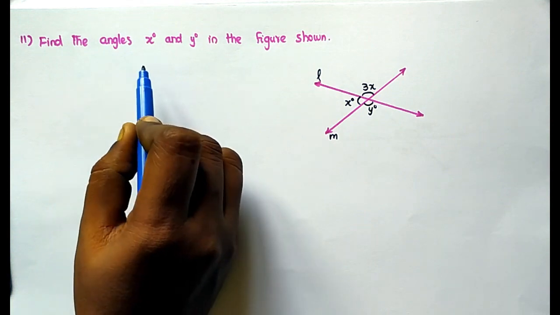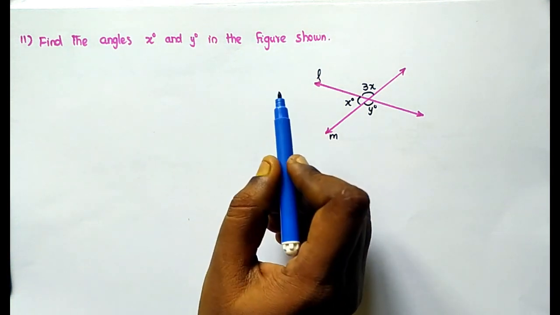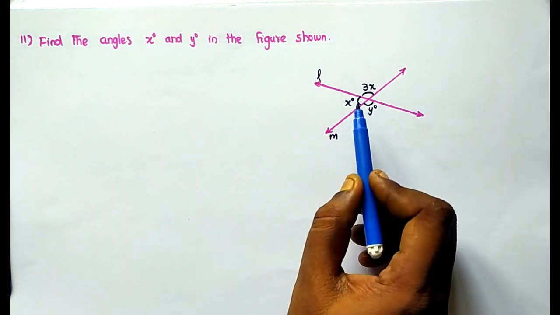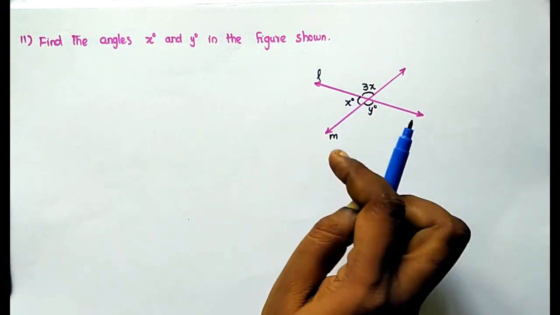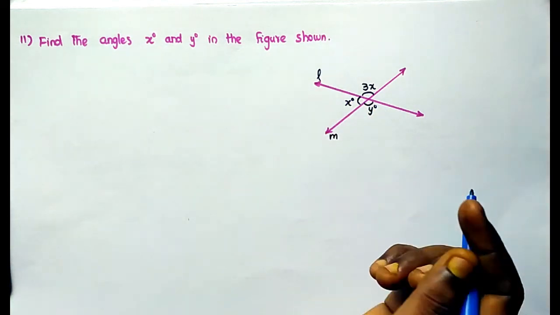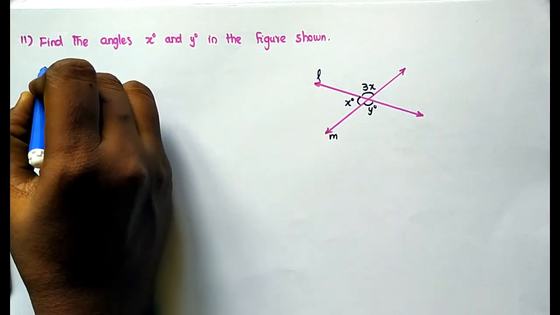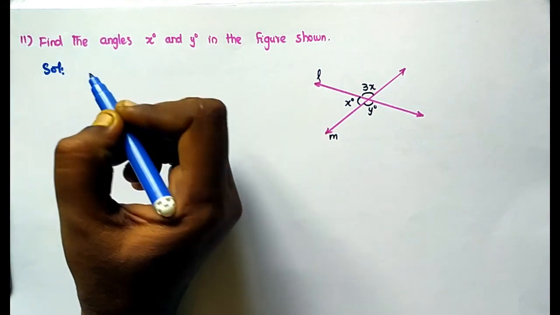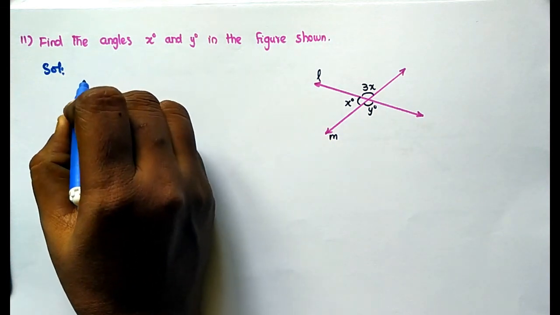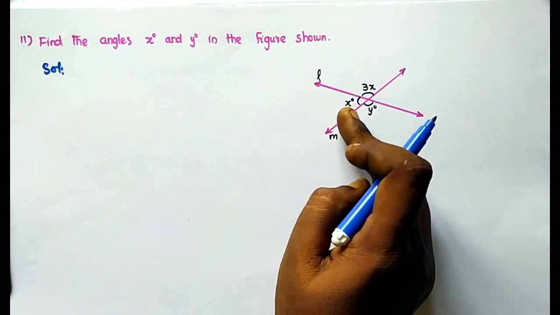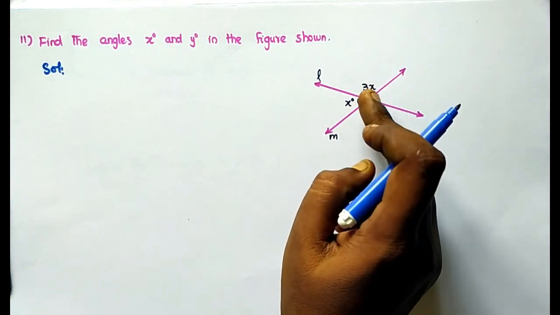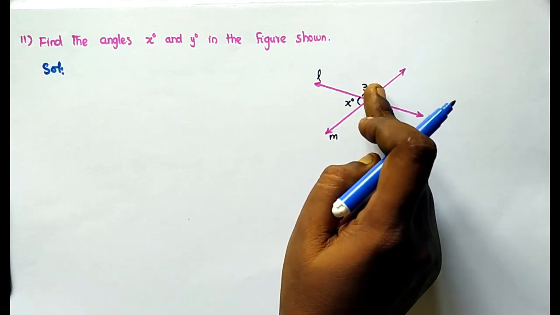11th sum, find the angles x degree and y degree in the figure shown. Listen, lines L and M intersect each other. From this, here x and 3x are a linear pair.